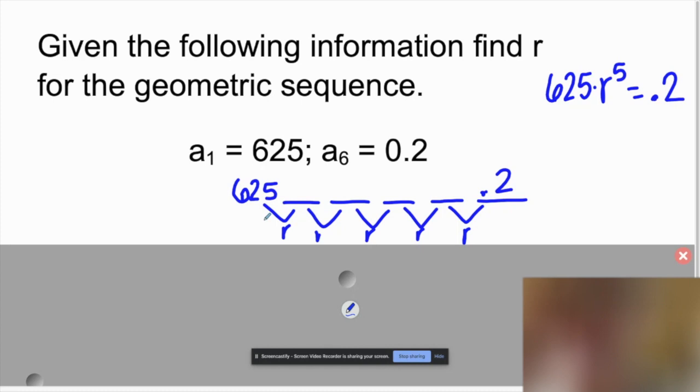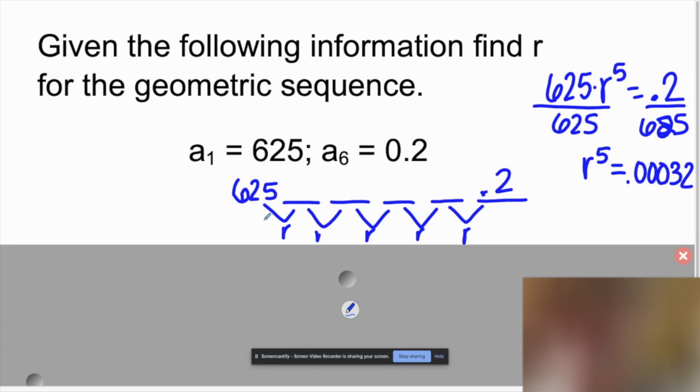Okay, so when we're looking through these and we divide by 625, what you can do is keep this in your calculator as you're going through, because then you're going to have to take the fifth root of your answer, and conveniently you also end up with 0.2.